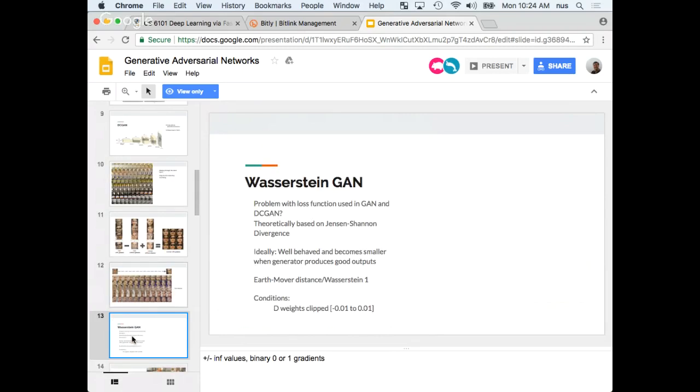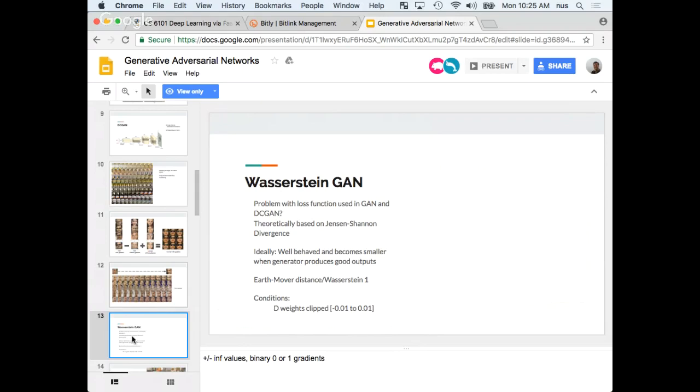So that's what DCGAN was. And we also looked at what GANs were. Now, the main drawback with the initial 2 papers was that the loss function that they used was not very well behaved, as in there would be points where the gradient suddenly becomes either 0 or 1, like binary, or the values jump to infinities.